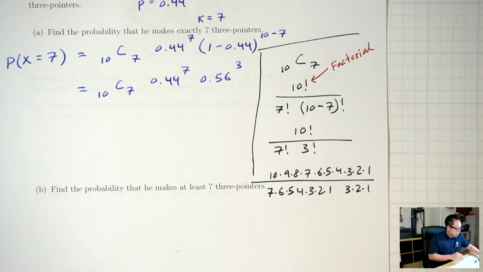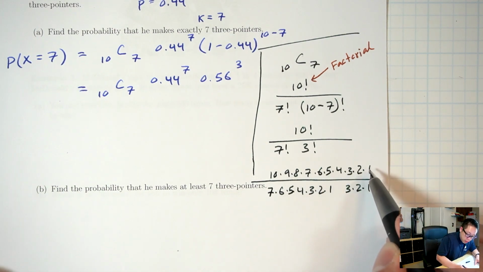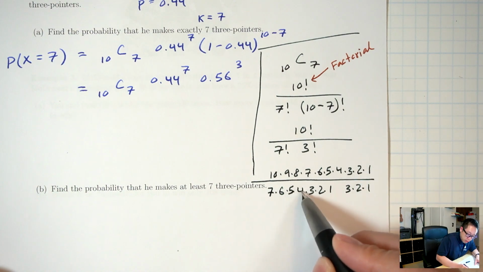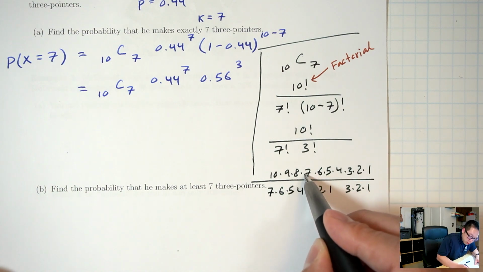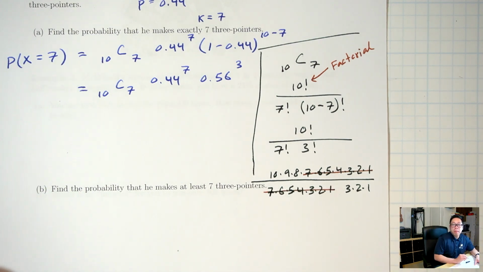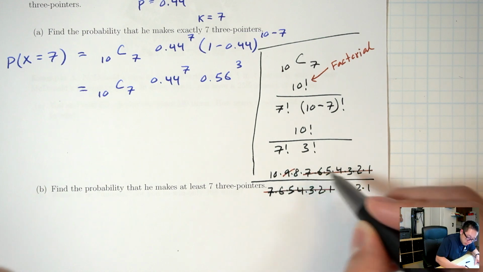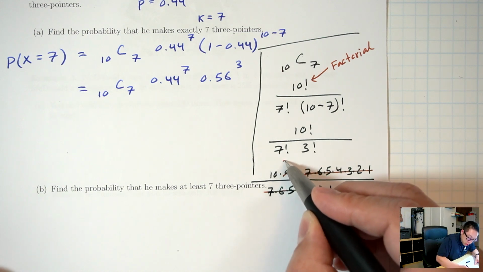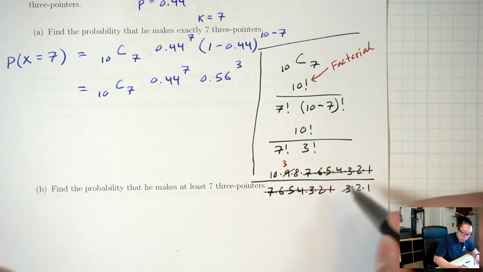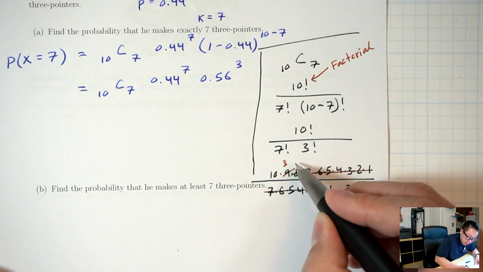Okay? Now, there's a whole bunch of stuff that cancels out. 7, 6, 5, 4, 3, 2, 1 on top is going to cancel with 7, 6, 5, 4, 3, 2, 1 on the bottom. So all of that goes away. And then the 3 on the bottom is going to cancel with the 9, which leaves a 3. The 2 is going to cancel with the 8 and leave a 4 there.